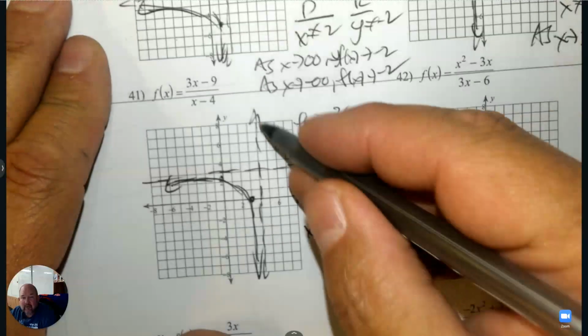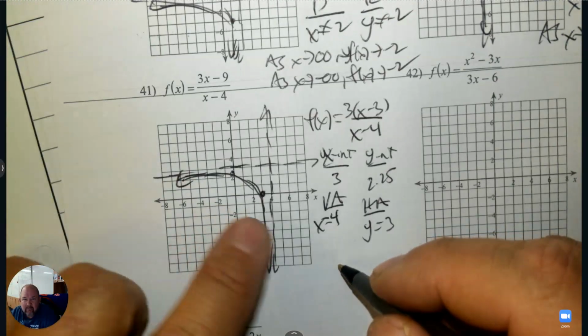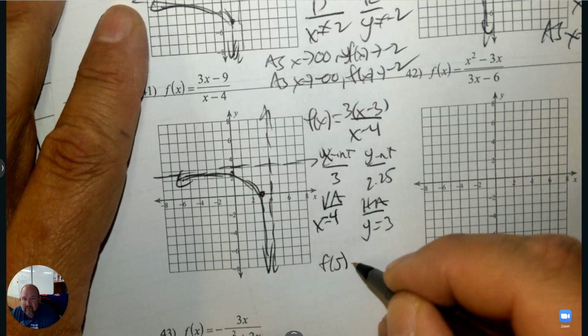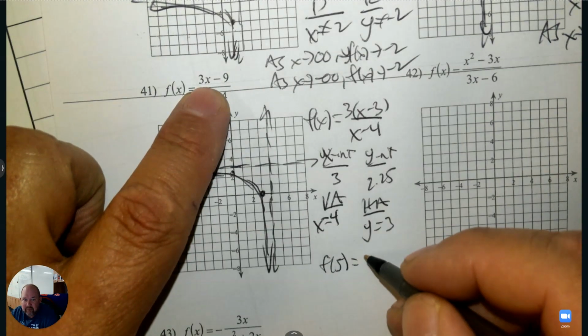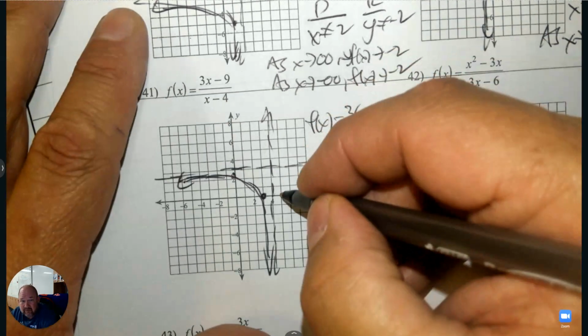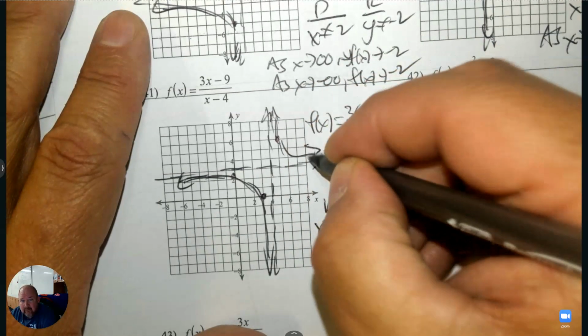And the other curve is going to be up here. So 5 will give me a nice answer. 3 times 5 is 15, take away 9 is 6, 5 take away 4, so that's 5 and 6. And then you can draw your curve from there, and there's the second curve.